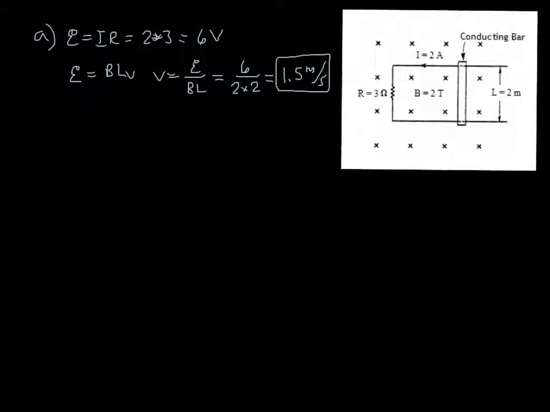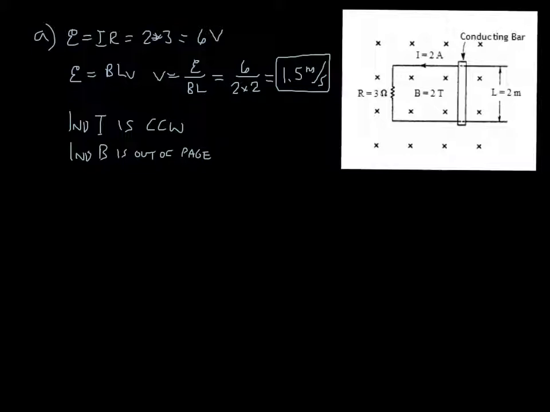Since the induced current is given as being counterclockwise, this means that the induced magnetic field must have been, using the first right-hand rule, out of the page. Because your thumb points in the direction of the current, so your fingers are pointing out of the page.